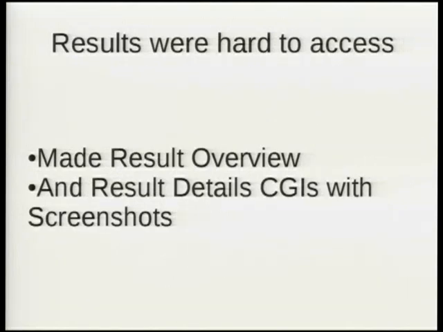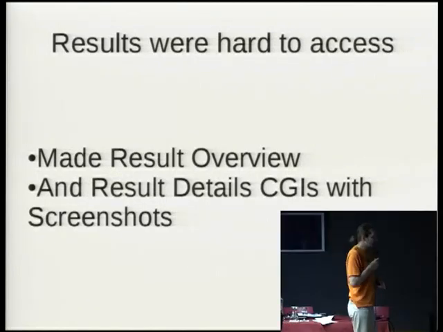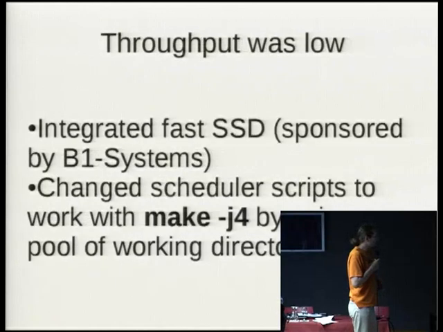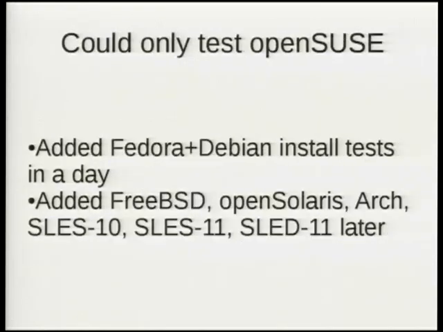Yeah, so we have these nice web interfaces to all the results currently, and we have a fast SSD, so we can run multiple tests in parallel with make, which is used to parallelize because it's a nice tool already.